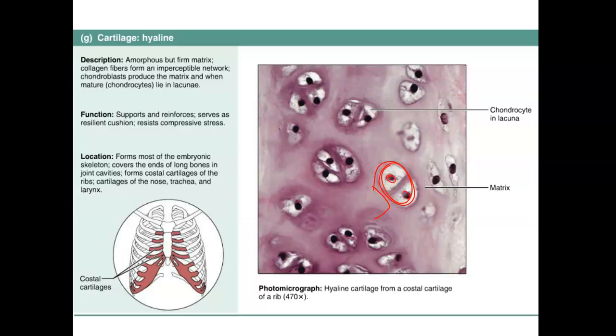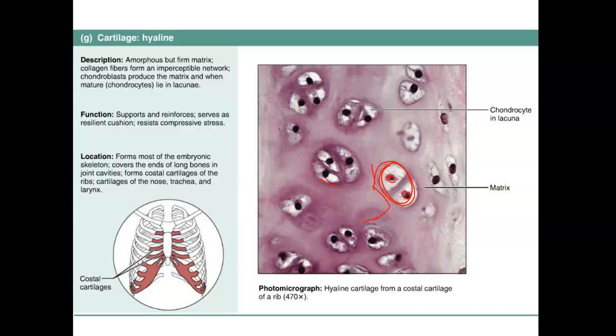They're chondrocytes because they're cartilage cells. But everything outside of that, the extracellular matrix, is very glassy in appearance. There are no visible protein fibers, so it gives it a glassy appearance.